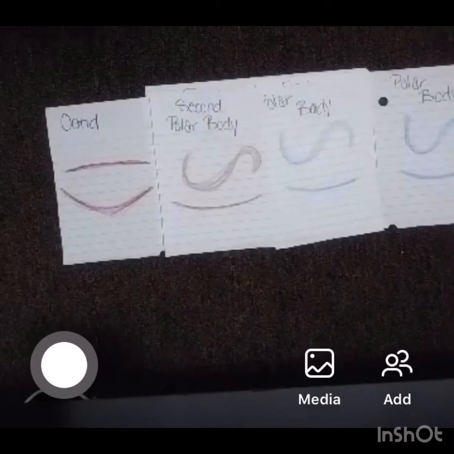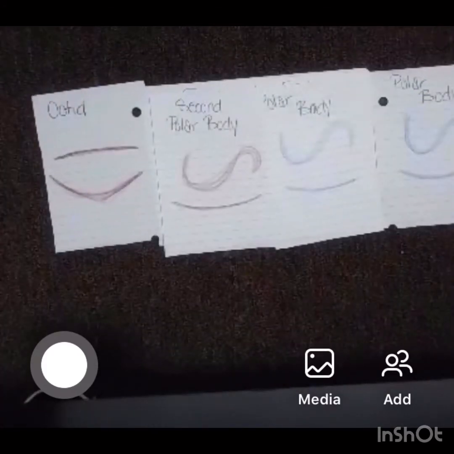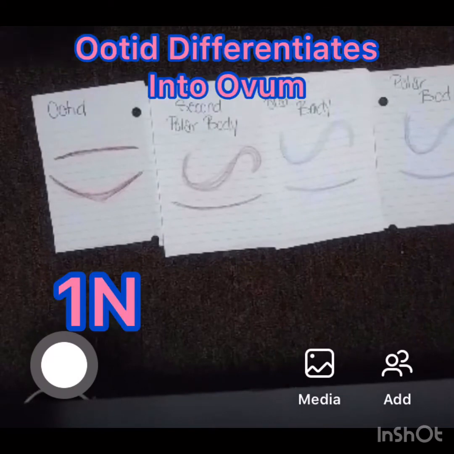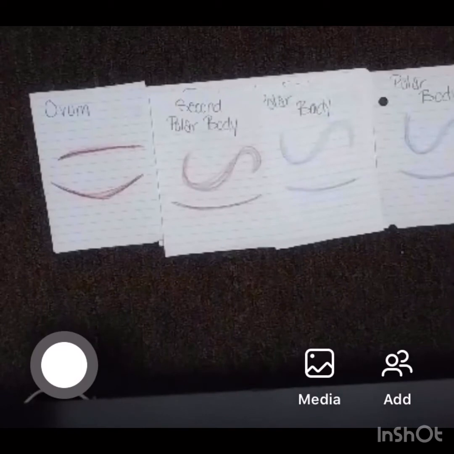Now, we're only worrying about the ootid because, like before, this polar body will disintegrate into the female. So the ootid will differentiate into the ovum. And once it's differentiated into the ovum, it will be able to be fertilized by the sperm in order to create an egg.